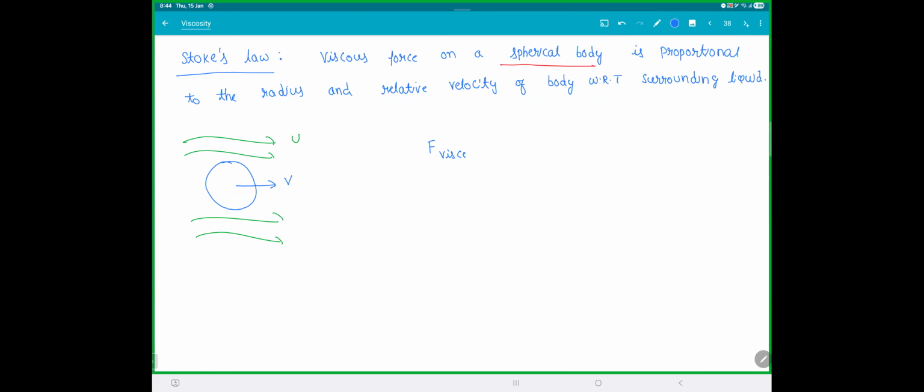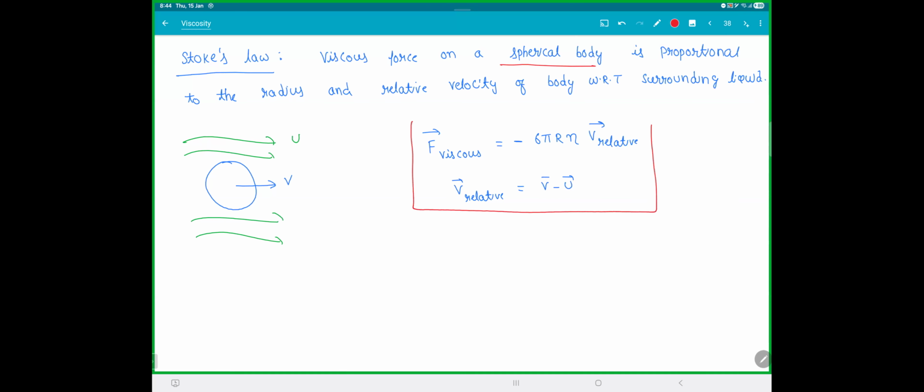F viscous is given by minus 6 pi r eta v relative. In this case, v relative is v bar minus u bar. The negative sign indicates opposition to the relative velocity.